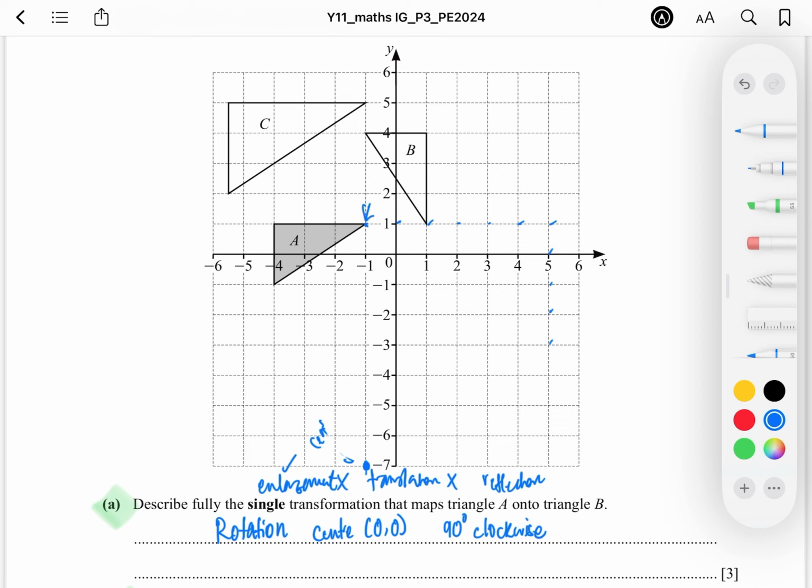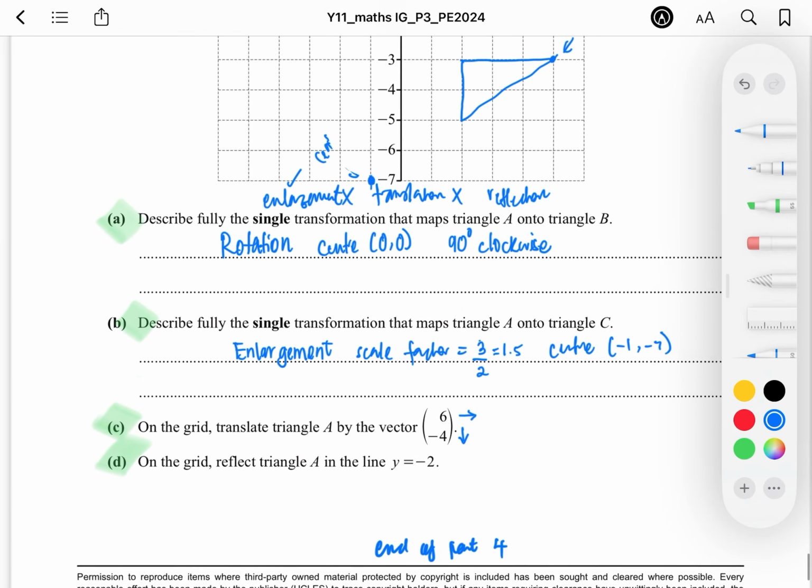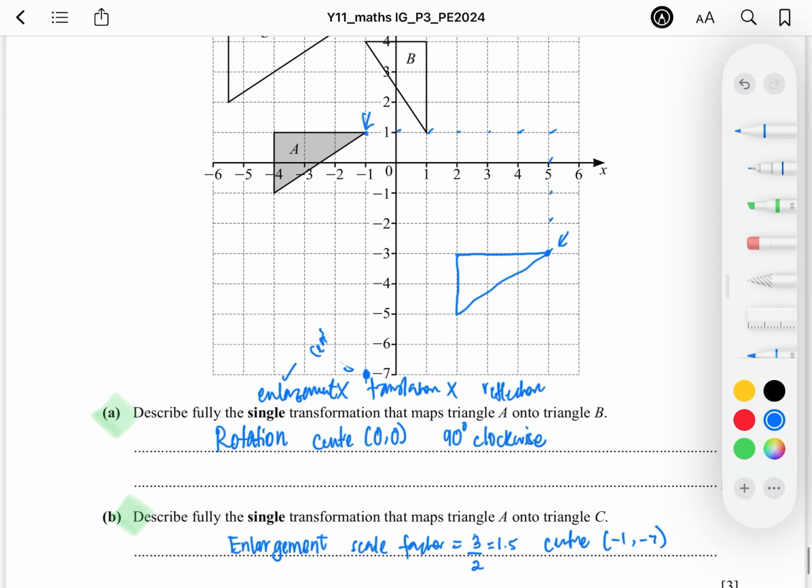So this point translates to this one, and from here I can just draw the image exactly as A, and I'll label this as C. You can check this coordinate here, so it moves 1, 2, 3, 4, 5, 6, 1, 2, 3, 4. Yep, so we're doing it the right way.